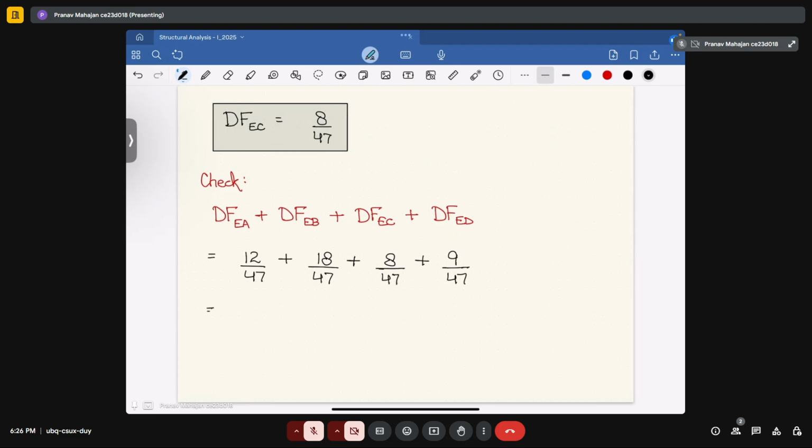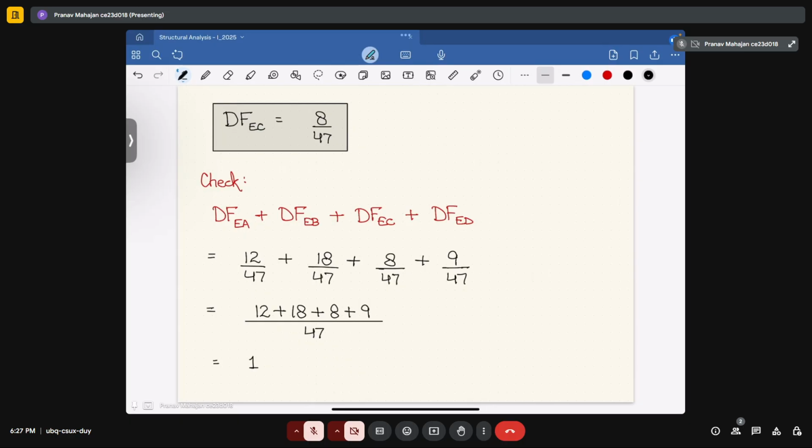So 12 plus 18, 30, 30 plus 8, 38, 38 plus 9, 47, divided by 47. So that will give you the value to be equal to 1. That means all the distribution factors are correct, because the summation of distribution factors is coming out to be equal to 1.